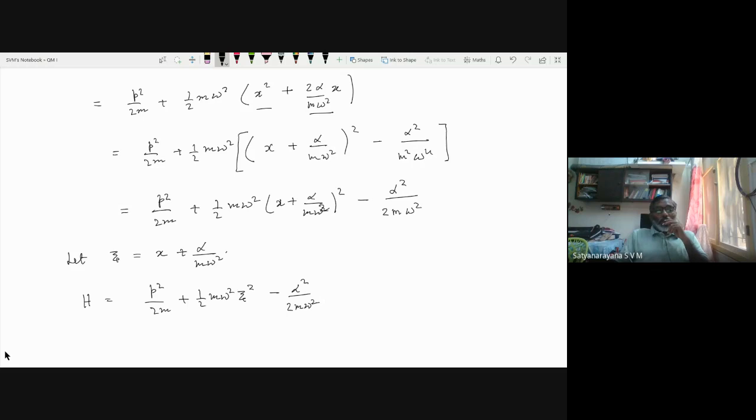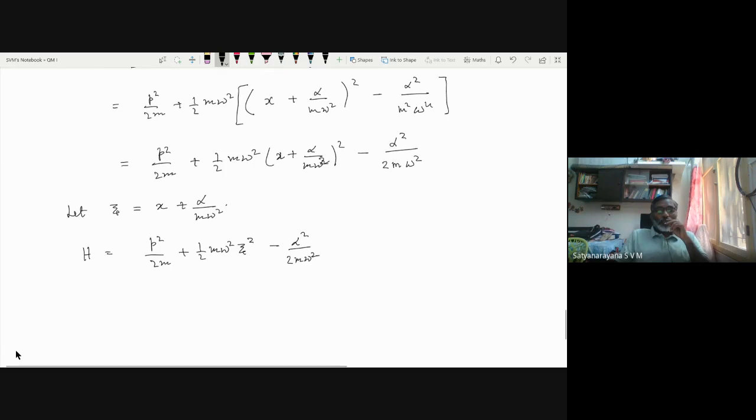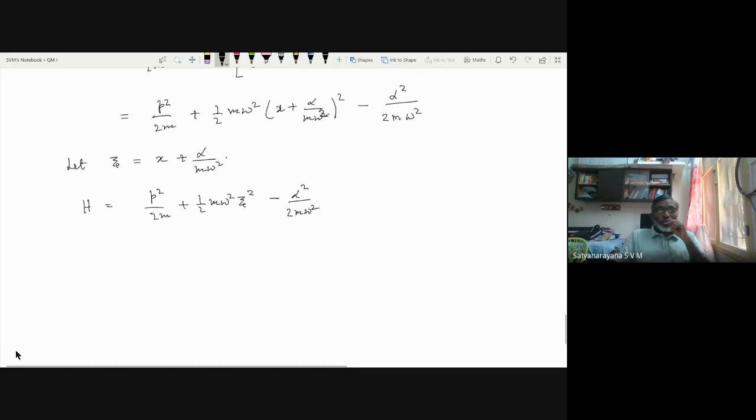So let us say H psi is equal to E psi, or H psi n is equal to En psi n. Then we have p square by 2m plus half m omega square xi square minus alpha square by 2m omega square into psi n is equal to En psi n.